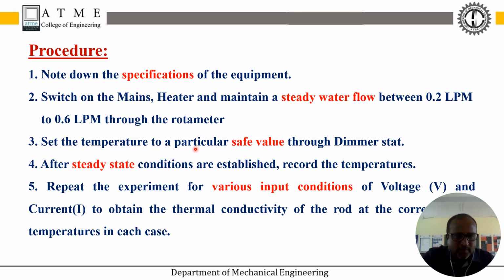The rate of heating can be set by the thermostat, as I showed in the previous slide, by altering the voltage and current supplied to the heater, and by altering the flow rate of water, we can try to achieve the steady state conditions. And once the steady state conditions are established, the values like the voltage, the current, and the temperatures at various points need to be noted down in a tabular column.